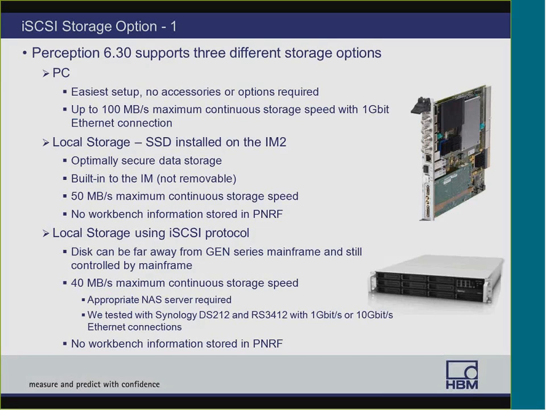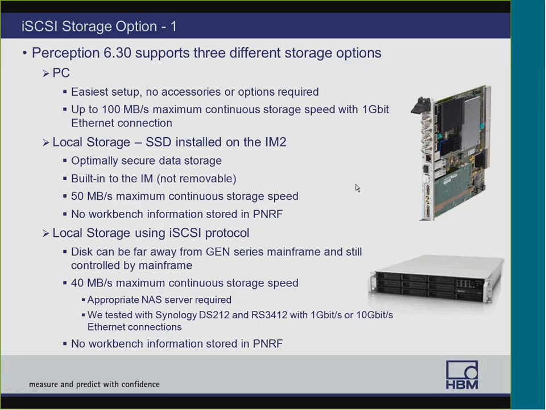There's also a second option, and this one's been available, I believe, since January of 2012. It does require that the Interface 2 module be a part of that mainframe, and all mainframes that shipped after January 1st, 2012 include an IM2, and that's to have a local hard drive actually installed as part of the IM2. Here in this picture you can see a side view and the hard drive is there.